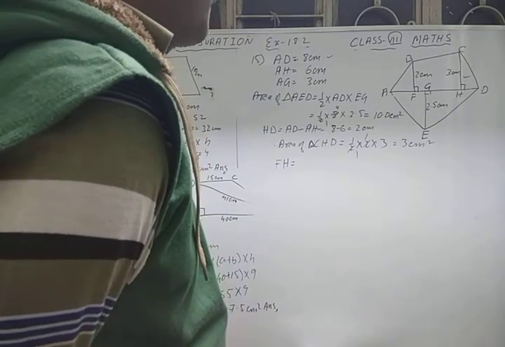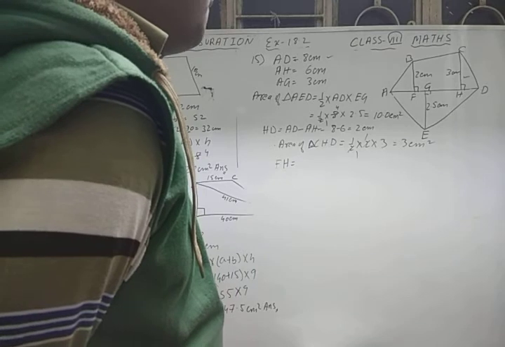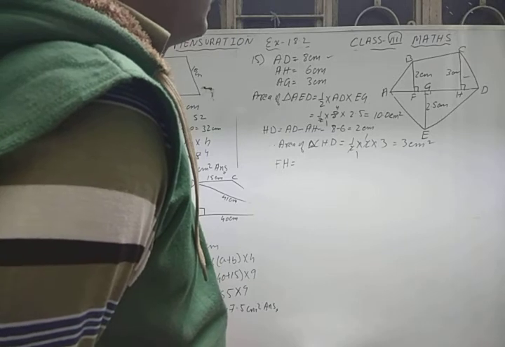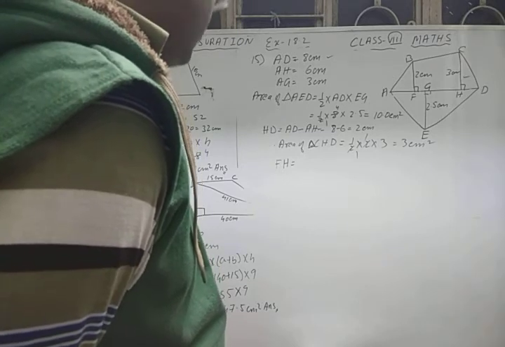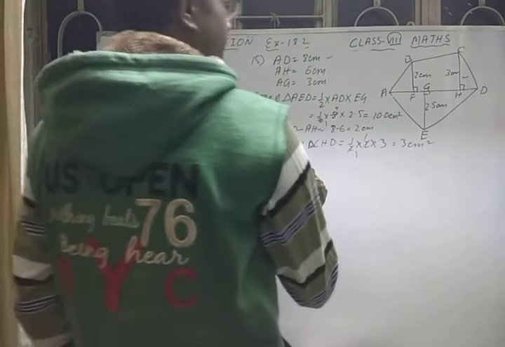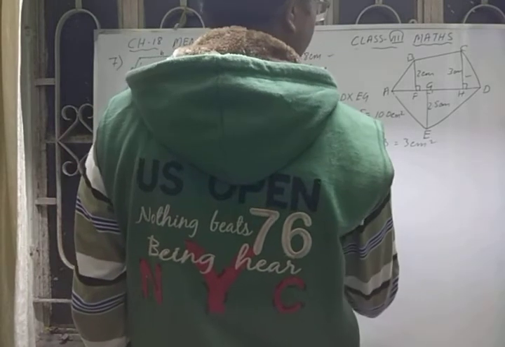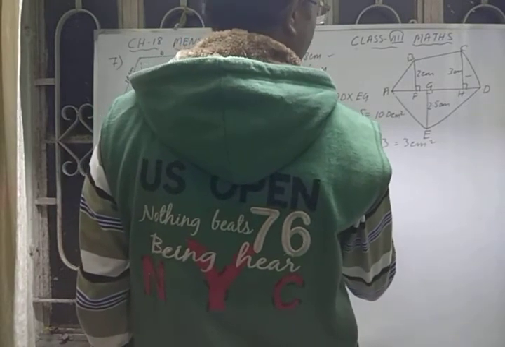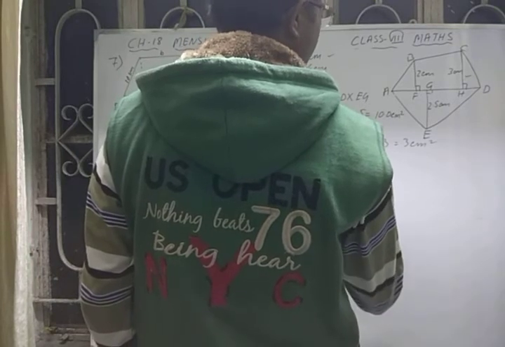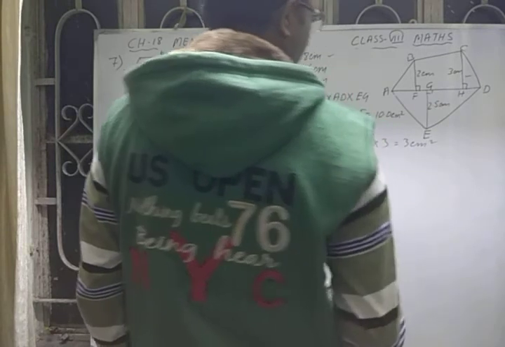To find HF, what will you write? So how will you write it? First, you get AD minus HD minus AF.